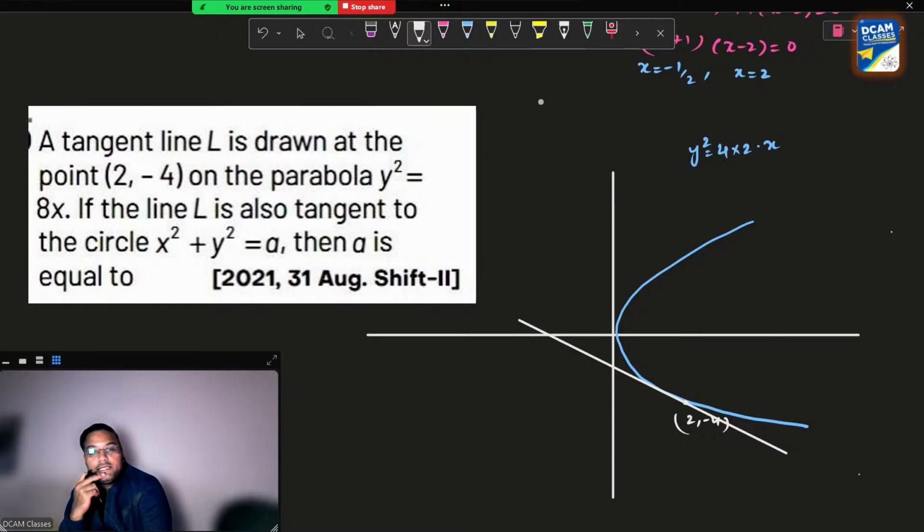If the line L, this line L that we have drawn, is also tangent to the circle x square plus y square is equal to a square. Okay.